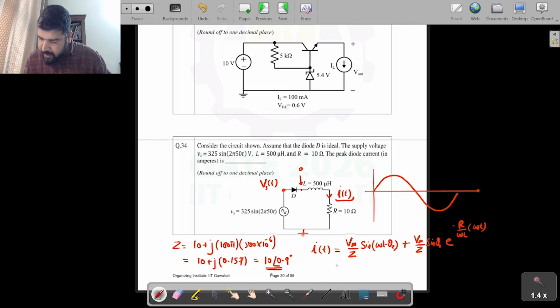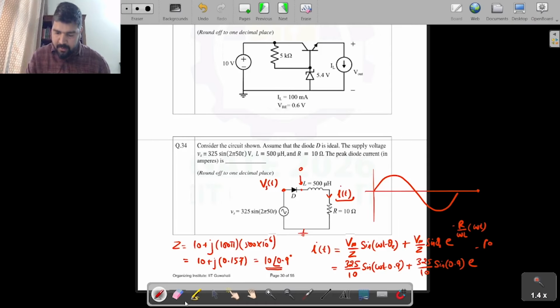So now what we can do is we can put this value. Vm is 325, so 325 by Z. Z is almost 10, sine of omega t minus 0.9 degrees, plus Vm by Z sine of 0.9, e to the power minus R, R is 10, divided by omega L, 0.157, omega t.